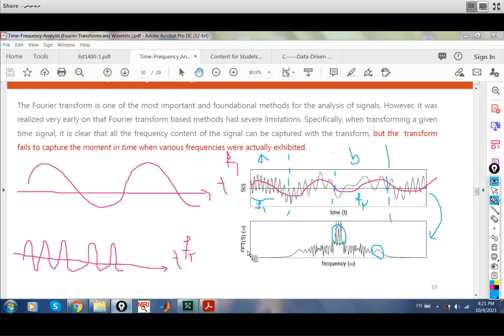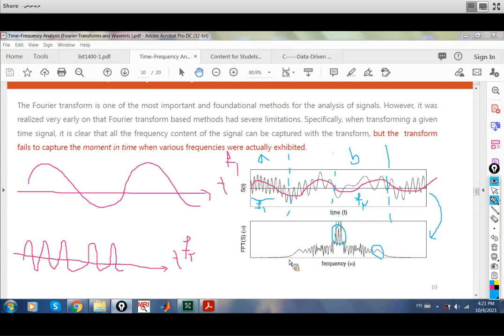I wanted to say that by using Fourier Transform, we can access only the amount of frequency. But we cannot say F1 is in the first part of the signal. We cannot say the location of F1.